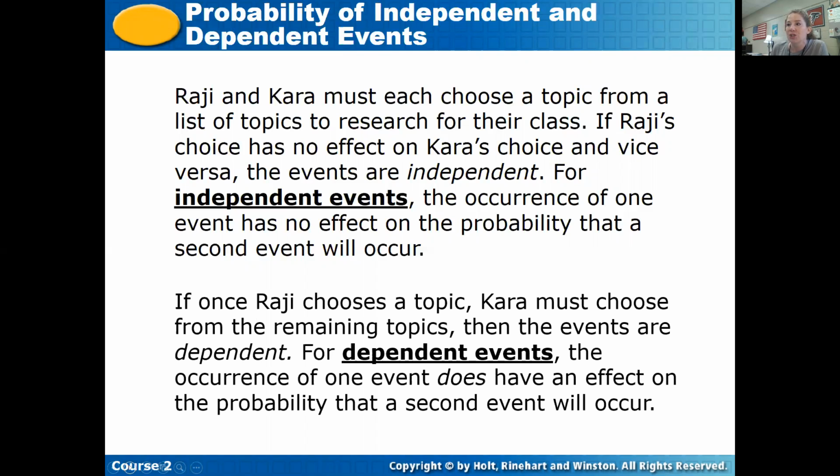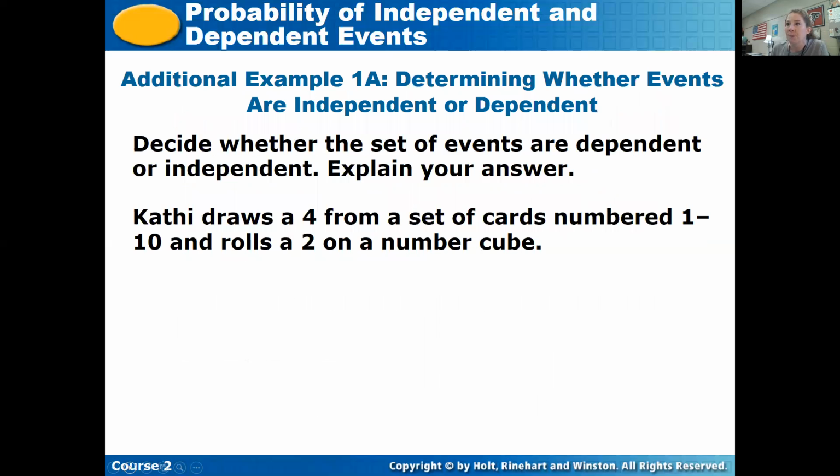If once Raji chooses a topic, Kara must choose from the remaining topics, then the events are dependent. For dependent events, the occurrence of one event does have an effect on the probability that the second event will occur. So we want to decide if these events are either independent or dependent.